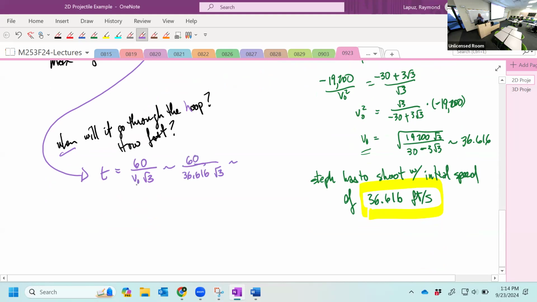What's that equal to? Make sure you put the parentheses around the denominator. 2.8382 seconds. So it's 2.5 to 3 seconds from his hand to the basket. Does that kind of make sense? Takes about that long, right?